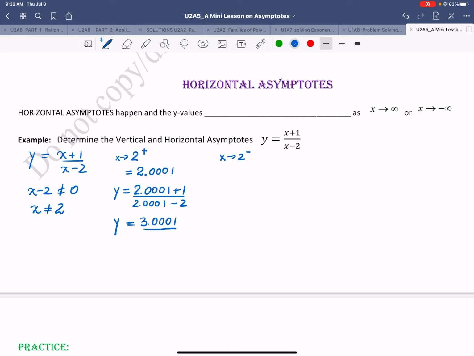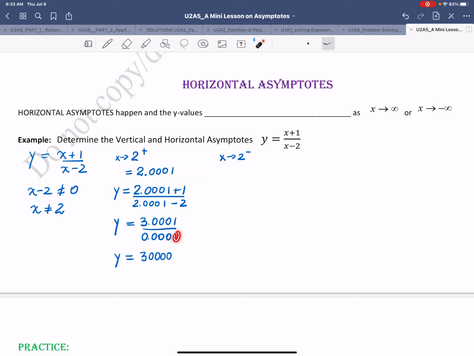So the value of y would be 2 plus 1, 3.0001, divided by the difference between 2.0001 and 2, which will be a very small positive 0. If you use a calculator to perform this division, then the answer would be a 3 with 4 zeros, 30,001. So imagine that x from the right can be even closer to 2, which means more zeros in between.